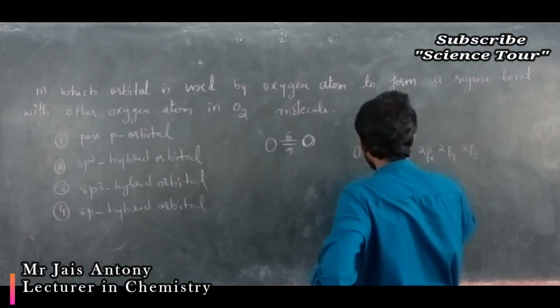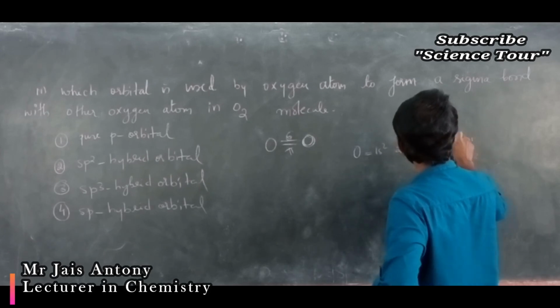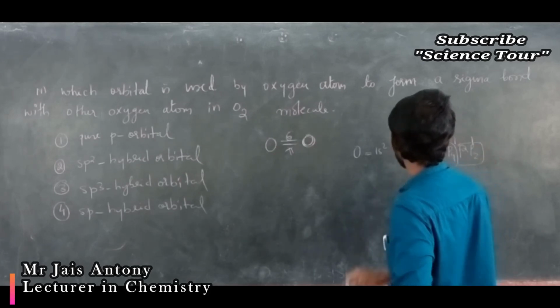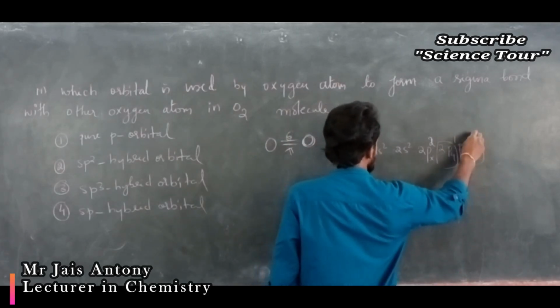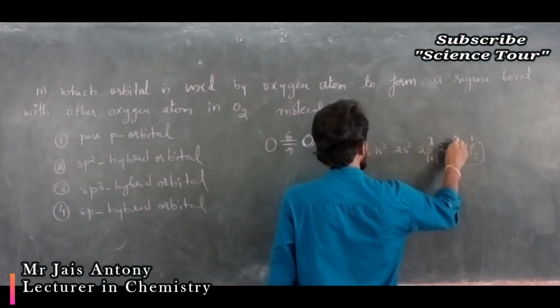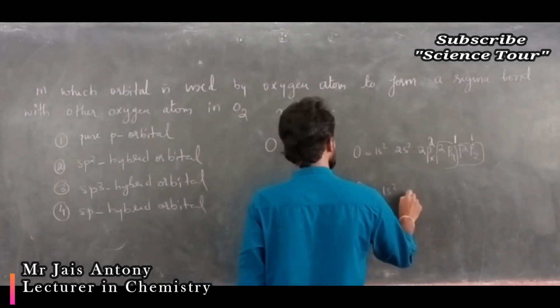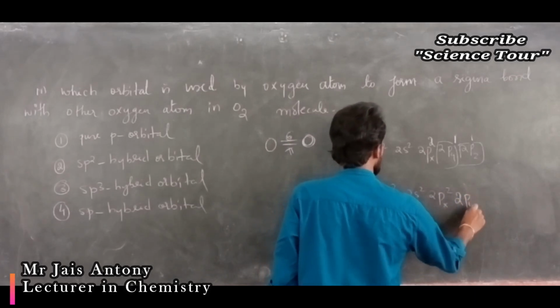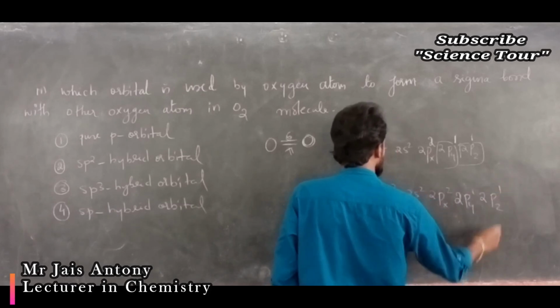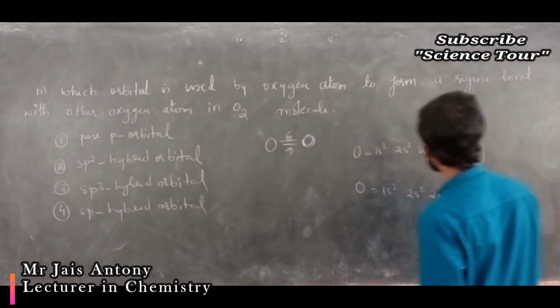Here, my dear students, 2px contains 2 electrons, and 2py and 2pz contain 1 electron each, correct? The other oxygen also contains the same: 2px2, 2py1, 2pz1. These combine, so only p orbitals combine.